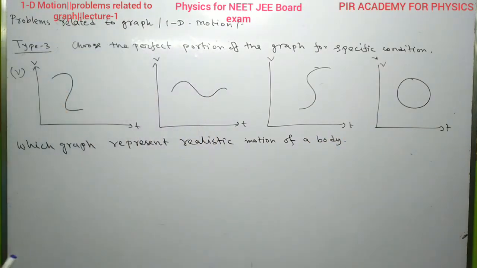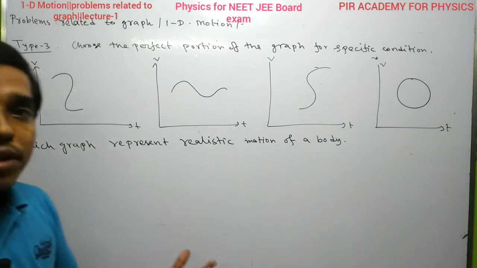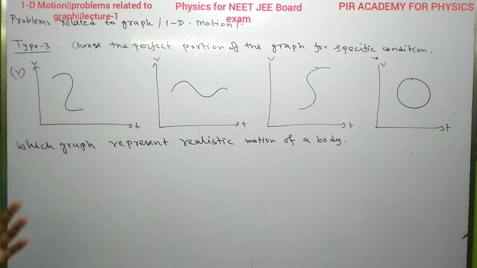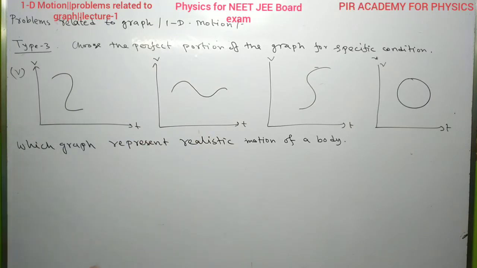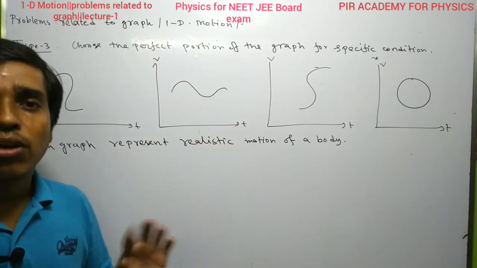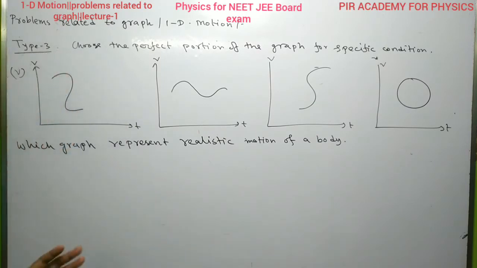That means motion of a car, motion of a motorbike, motion of a bus. You have to find which graph represents the realistic motion of a car or of a bus in your society.